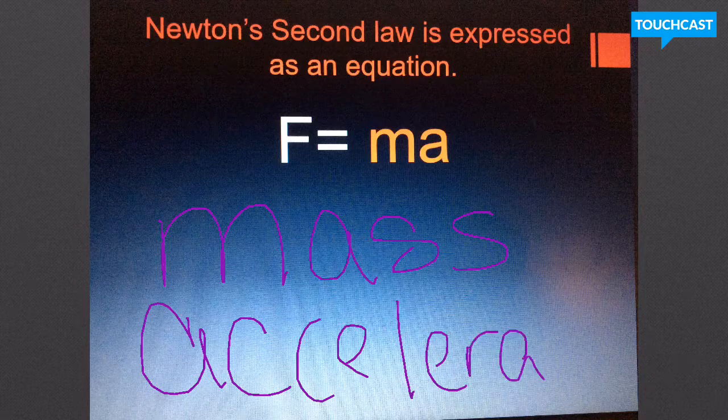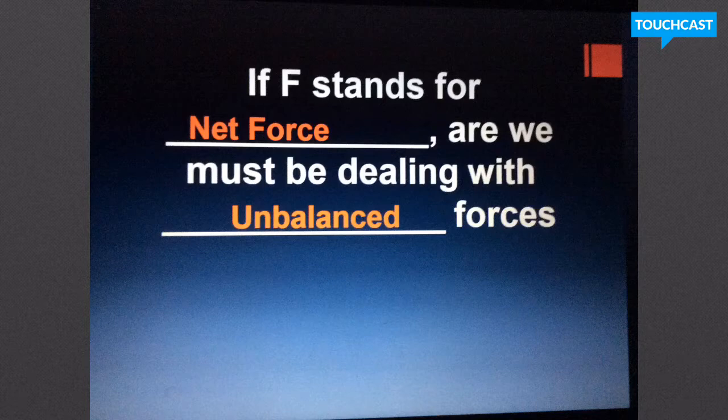Okay, remember in science, we don't measure things in weight, we measure things with mass. So if F stands for net force, we must be dealing with unbalanced forces, because in order for F equals ma to work, we're going to be possibly accelerating objects, experimenting with different forces.